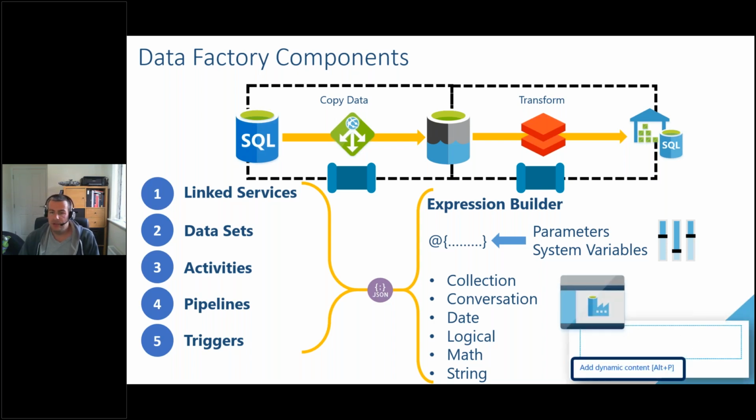And what you'll find when you're moving around the Data Factory UI is you'll have a box where you want to put some detail to drive something. And what you'll probably see is that underneath that box, it'll say add dynamic content. If you click that link, that's when it'll bring out the expression builder, and that's when you can start injecting into the JSON that makes up those first 4 Data Factory components.